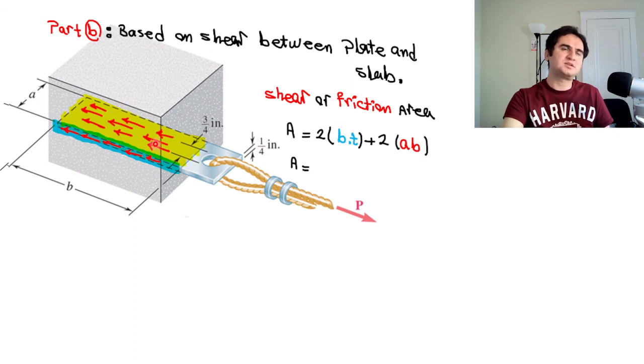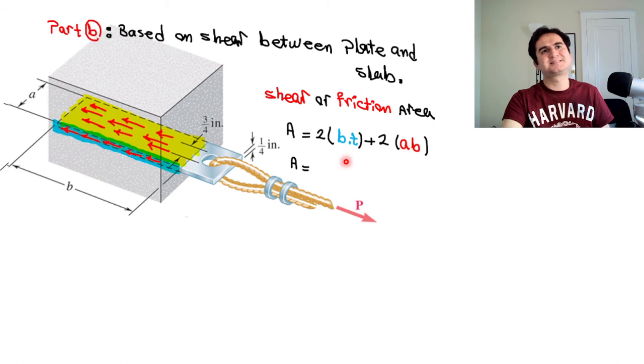So this cross-sectional area is nothing but A, the width of the plate, which we calculated to be 1.75 inches in the previous step, times the length of the plate, which is unknown, B, so 2AB, plus 2 times the area at the side, which is again the embedded length of the steel plate times the thickness of the plate.